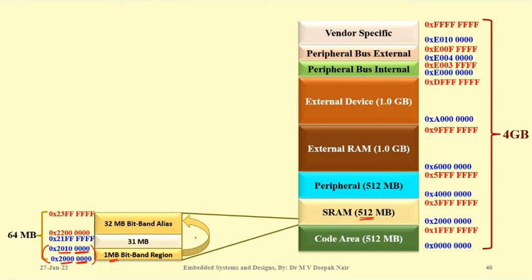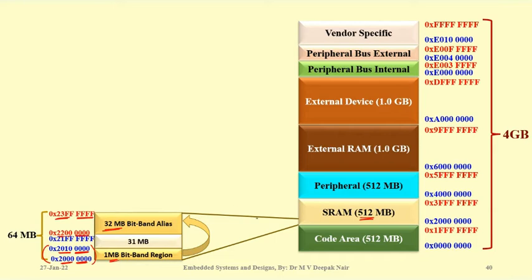Keep an eye: out of 512, 1 MB of space is bit banded to 32-bit or 32 MB of memory. What does that mean? It starts from 2200 to 23FF FFFF.